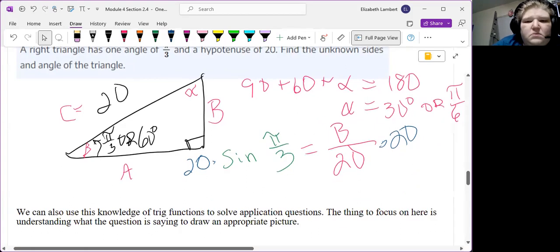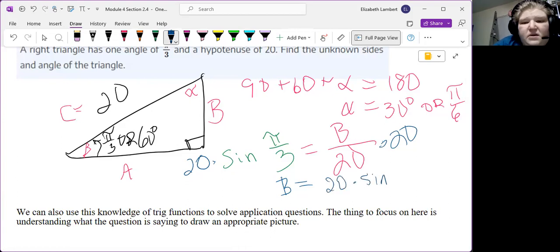So b is 20 times the sine of pi over 3. And when you go to crunch that on the calculator, make sure your calculator is in radians mode. Because if it's in degrees, pi over 3 degrees is a different animal from pi over 3 radians.